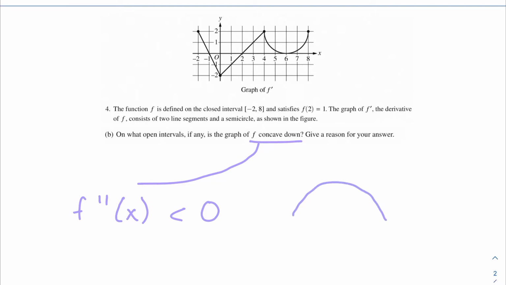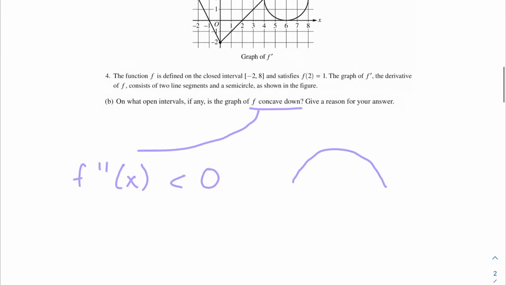We have the graph of f prime right now, so we can look at the slope of the graph of f prime to determine the second derivative value. Just like if you were looking at the graph of f to get the value of f prime at a certain point, you'd be looking at the slope of f. So what we're looking for is when the slope of f prime of x is negative.